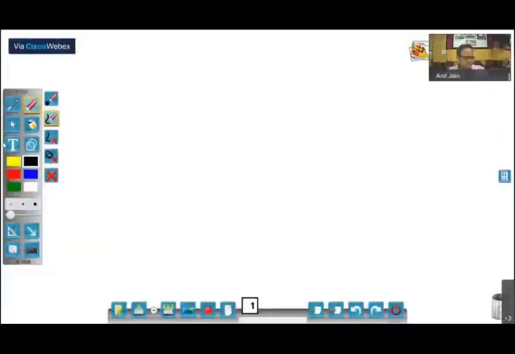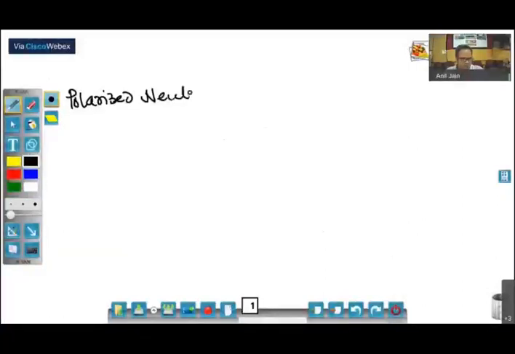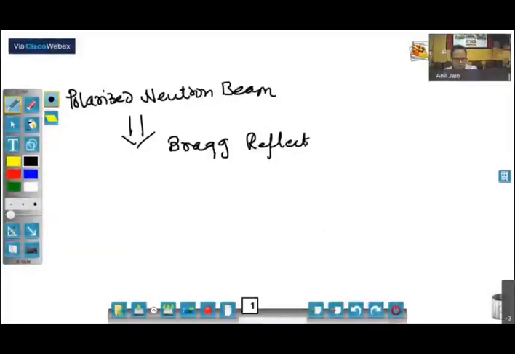I will explain how. We produce this polarized neutron beam by a Bragg reflection from a magnetized monochromator.